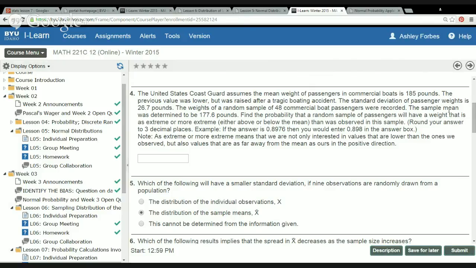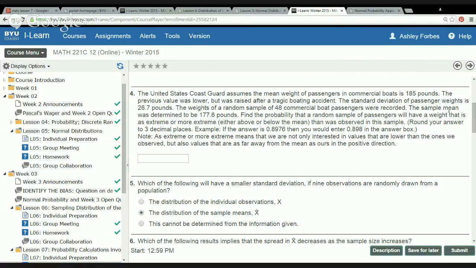Yeah. That's what I think. Okay. And the sample mean, so now we're going into the samples. The mean was determined to be 177.6 pounds. So that's another μ that we have, right? Mm-hmm.